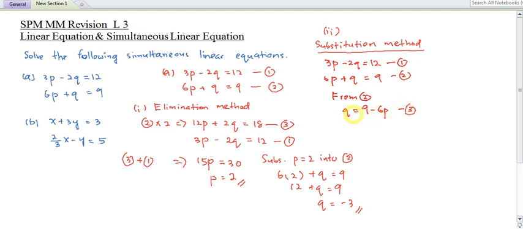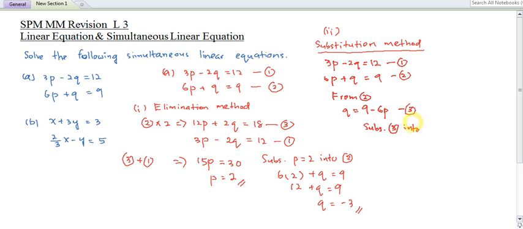Now I know that q is equal to 9 minus 6p, and this is taken from equation number 2. So I sub, which means substitute, 3 into... since this is taken from equation number 2, you cannot substitute this whole thing back into equation number 2.